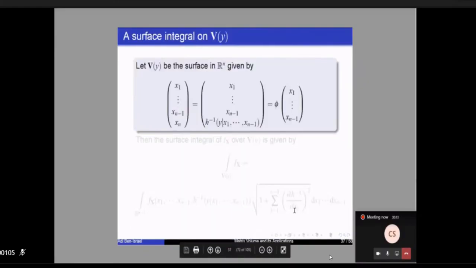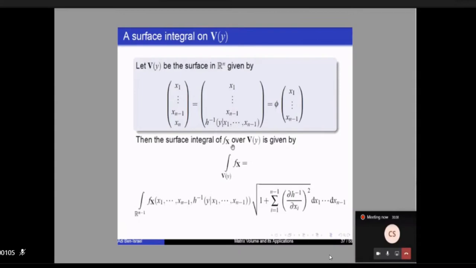Alternatively, we can structure our variables differently. We can say that x1 to xn will be phi of x1 to xn minus 1, and the function phi is x1 to xn minus 1, followed by xn, which is h inverse of y, x1 to xn minus 1.